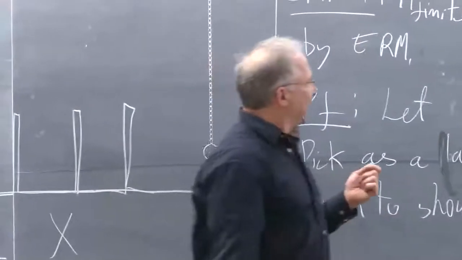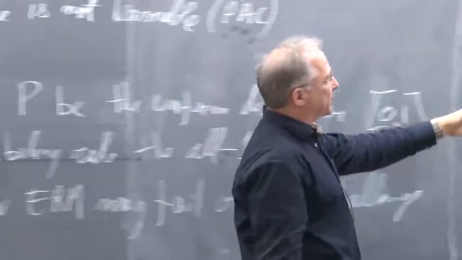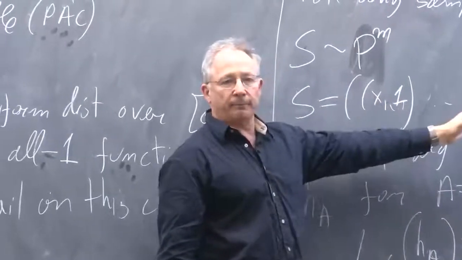Because you see, if I have my set A, the set that just coincidentally was hit by the sample.